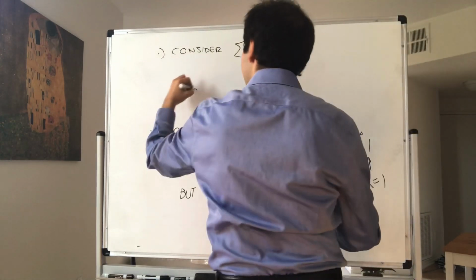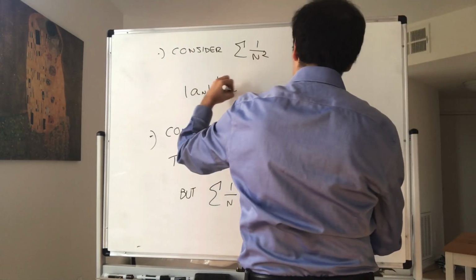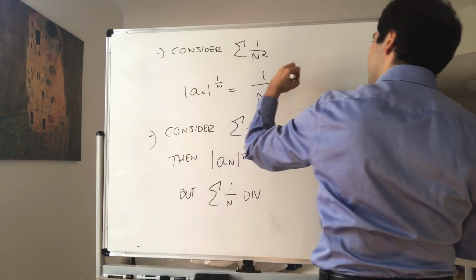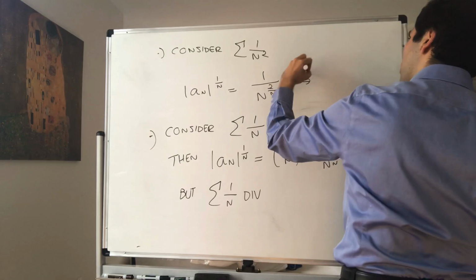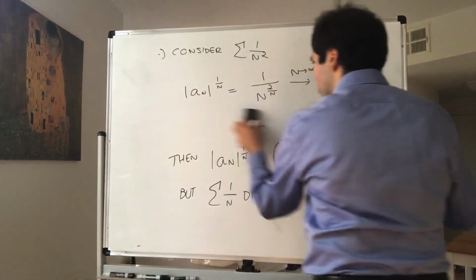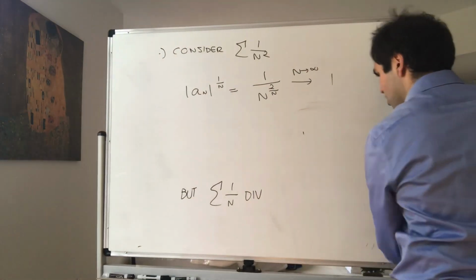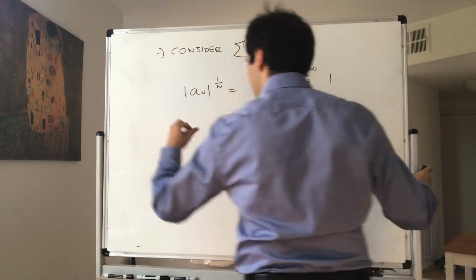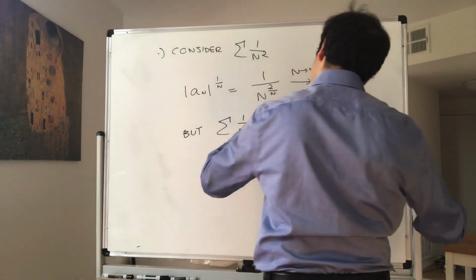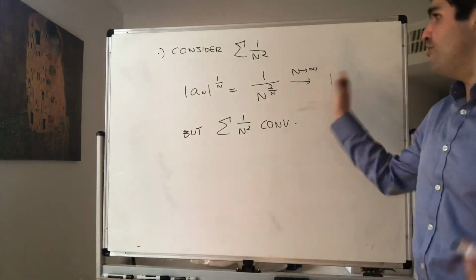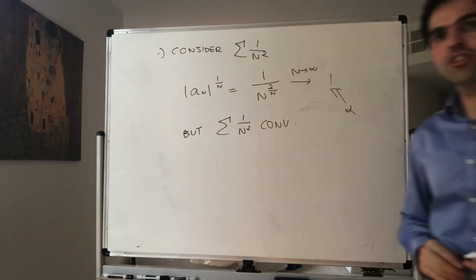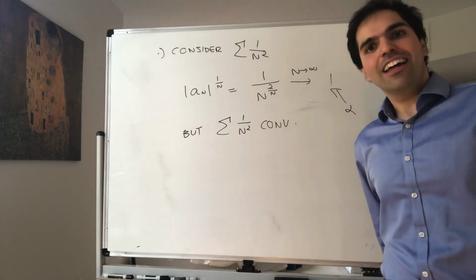Well, same thing, an to the 1 over n now becomes 1 over n to the 2 to the 1 over n, but you can also show as n goes to infinity, this is 1, but the series converges. Which means if alpha is 1, you cannot conclude anything. It could converge, it could diverge. All right, thank you very much.